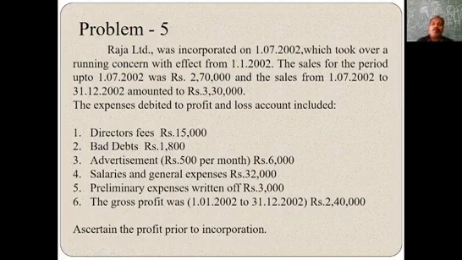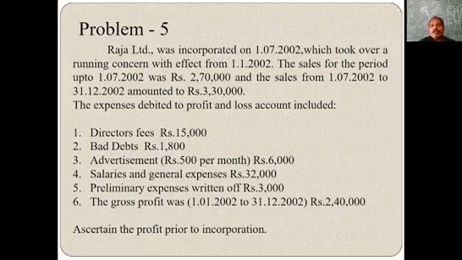Then problem number 5. Raja Limited was incorporated on 1/7/2002, which took over a running concern with effect from 1/1/2002. The sales for the period up to 1/7/2002 was rupees 2,70,000, and the sales from 1/7/2002 to 31/12/2002 amounted to rupees 3,30,000.